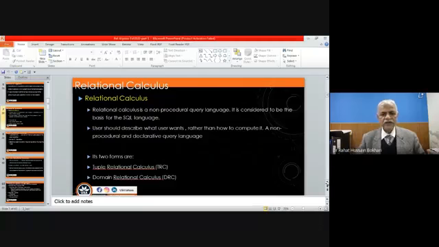Relational algebra is called a procedural language, whereas relational calculus is called a non-procedural language.